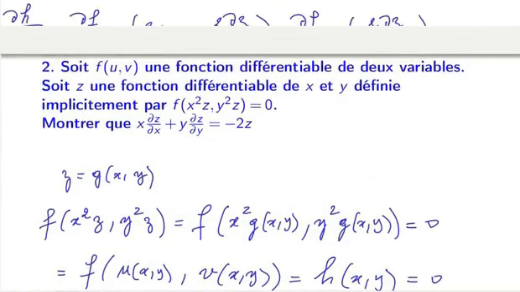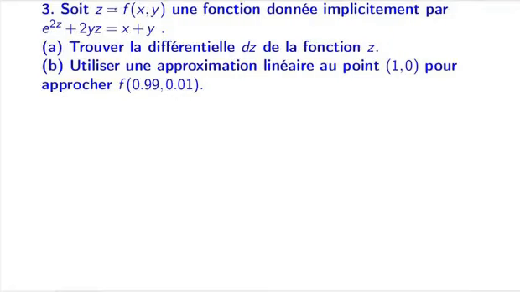We move on to the third and final exercise. In this third exercise, we have a function z, a function of x, y. We assume that this function is given implicitly by the exponential relation e^(2z) plus z equals x plus y.